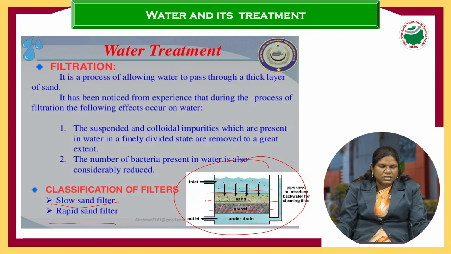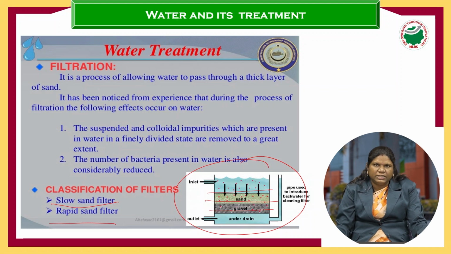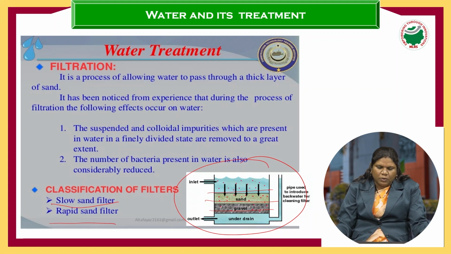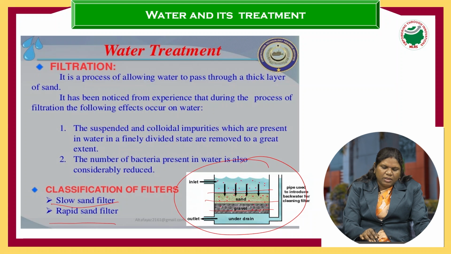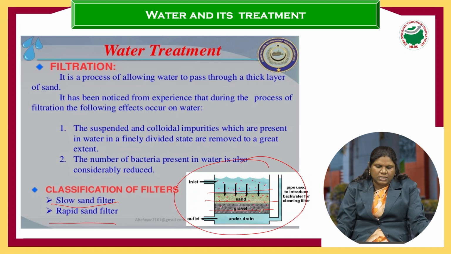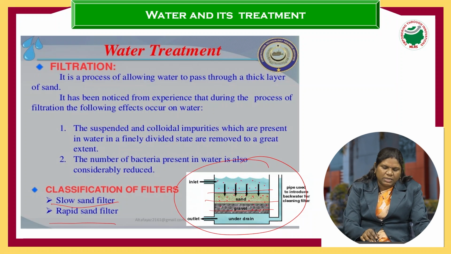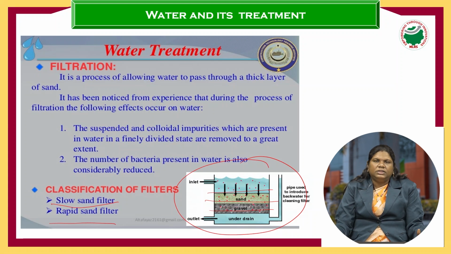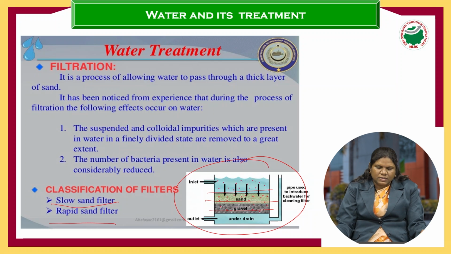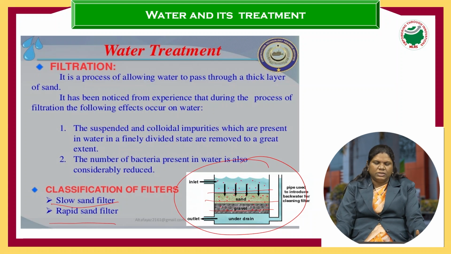That means different sizes of sand will be taken in 3 different beds. In the first we take very minute sand particles, afterwards somewhat bigger sand particles, and last somewhat big stones, which are called gravel. These 3 different types of beds will be present in the sand filter.